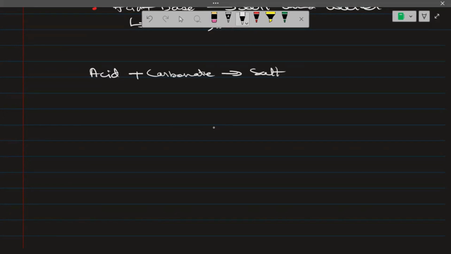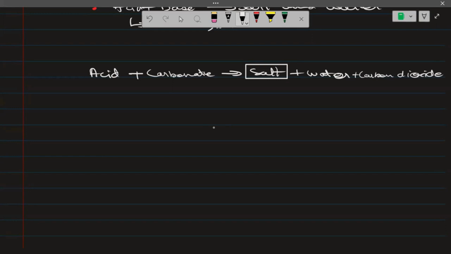That's the common product. In every reaction, salt will be produced when an acid is included. Water, H2O, will be produced, and CO2, carbon dioxide, will be produced. That's what happens when an acid reacts with carbonate.